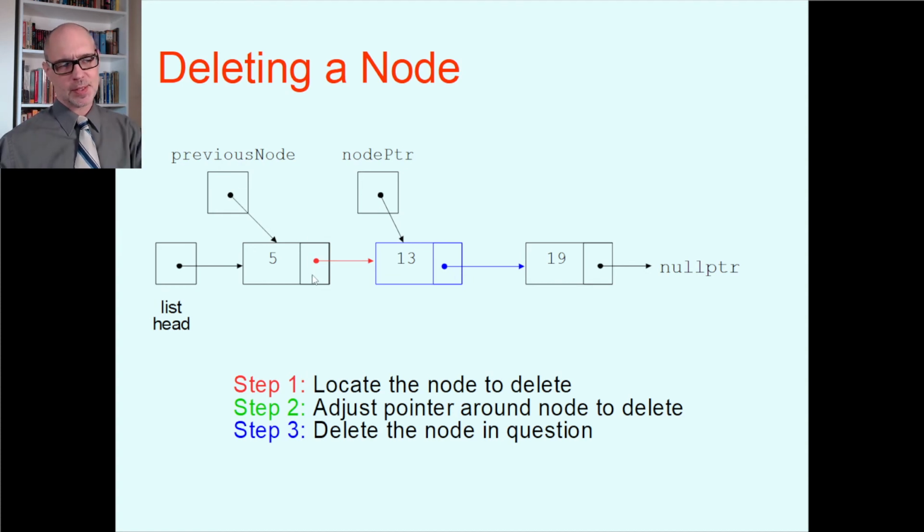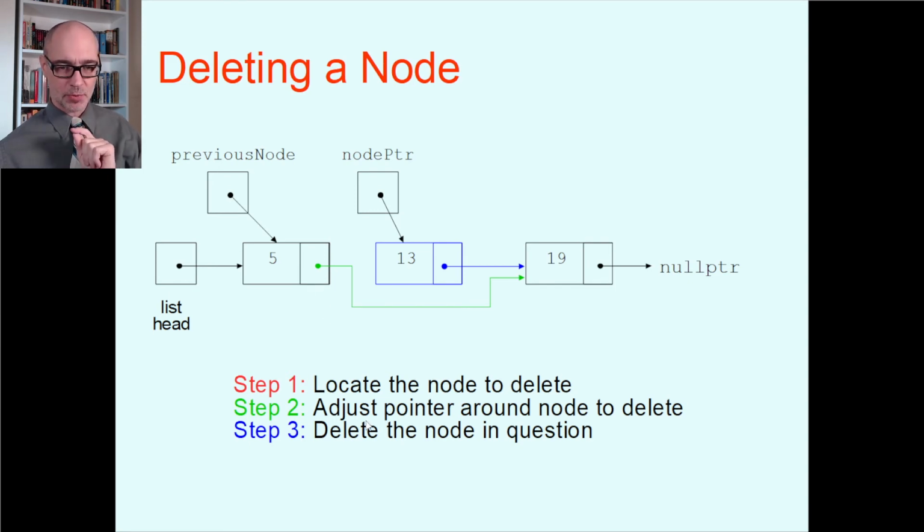So this next pointer in the 5 node, you're going to copy in the address from the 13 node. Take the address from the 13 node, copy it into the next pointer for 5, and now effectively you've got the 5 node pointing over at the 19, because that's what the 13 was pointing at, right?